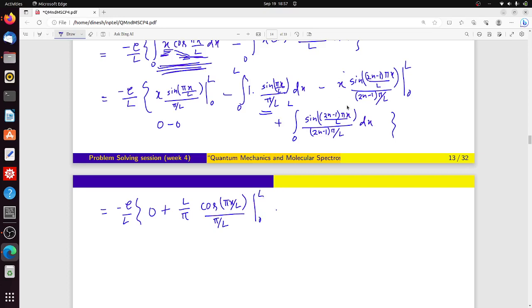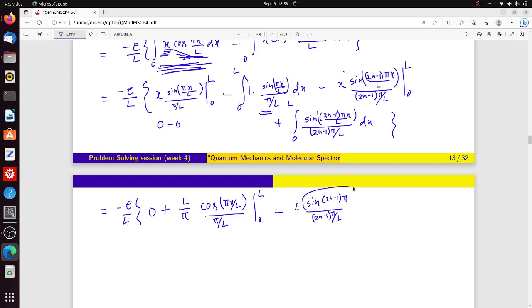Then we have to apply the upper and lower limit here. So if I apply upper limit, then L sine of 2n minus 1 pi L by L. So this is L sine 2n minus 1 pi by 2n minus 1 pi over L.